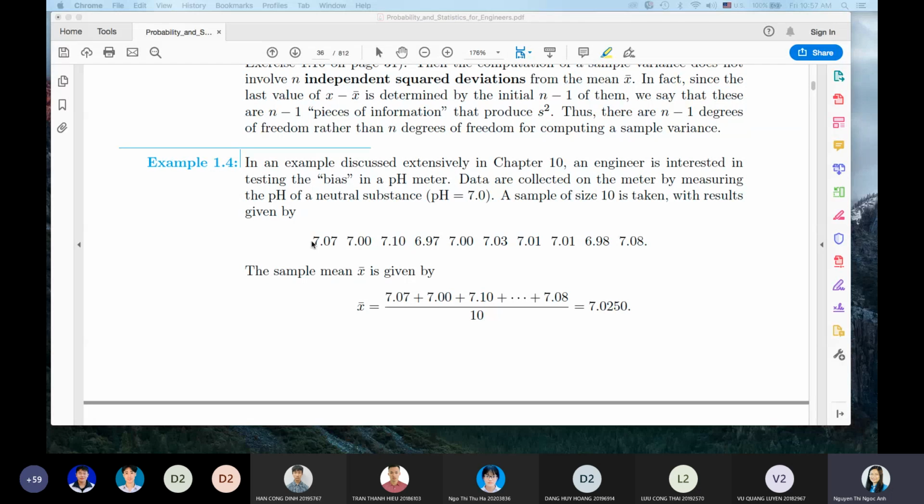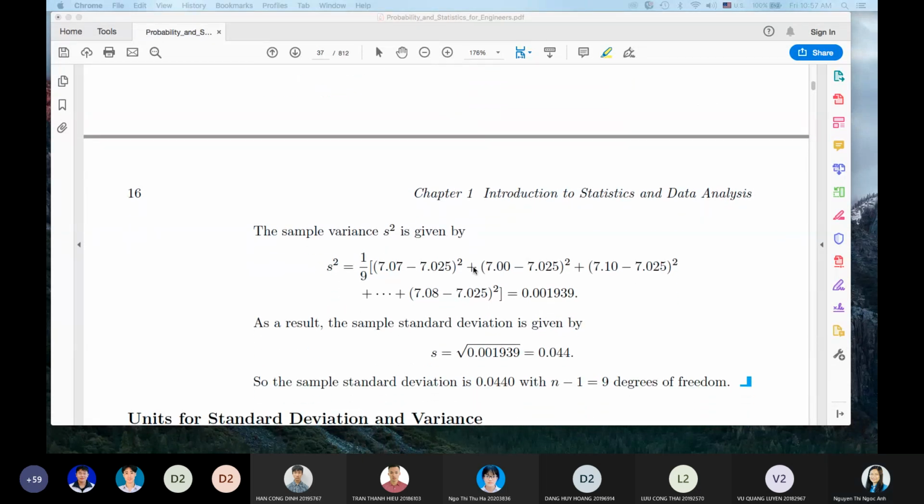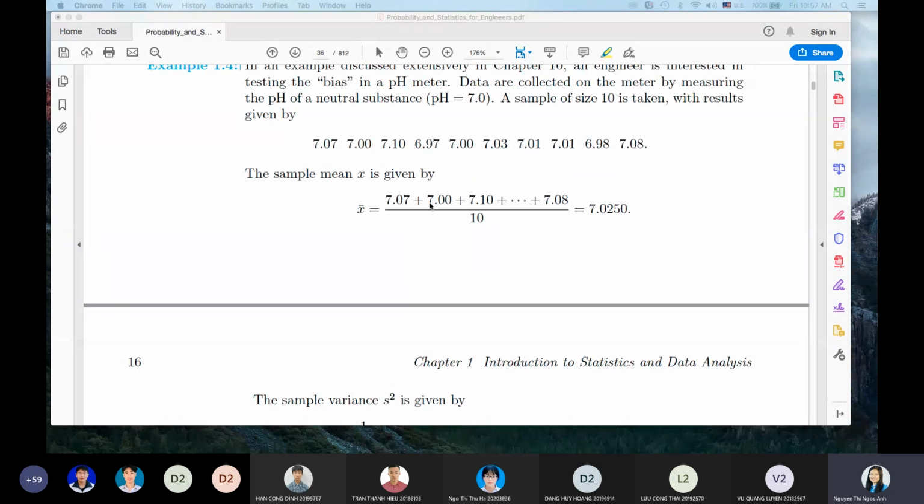Here is the example. We have the data, we can find the sample mean. From the sample mean, we find out the sample variance. You should remember the size of the data here is 10.